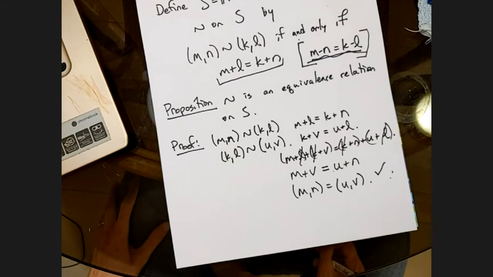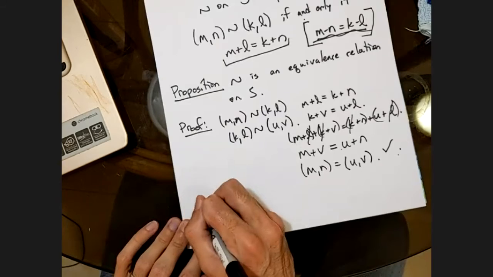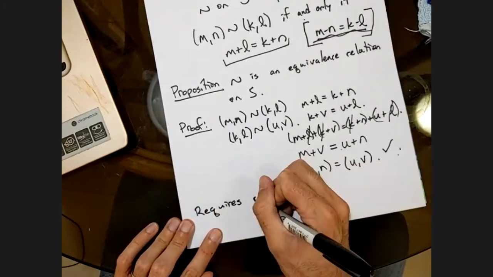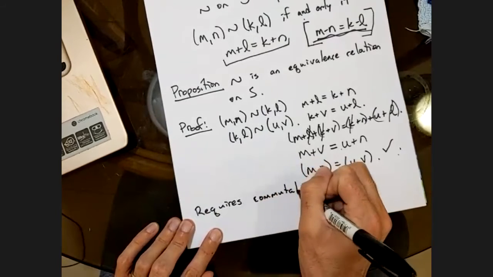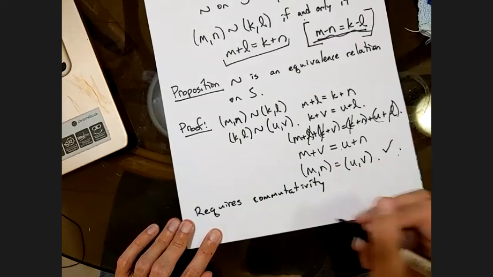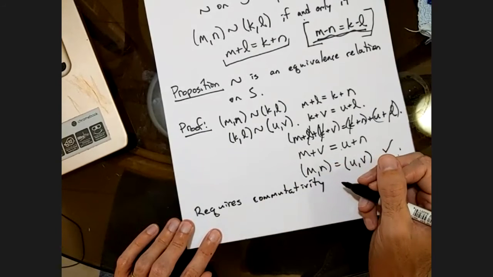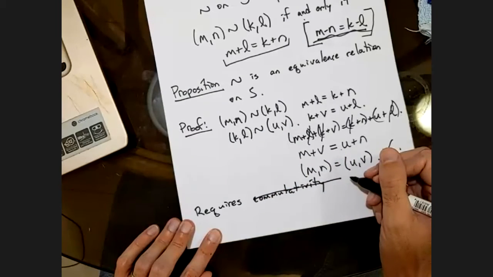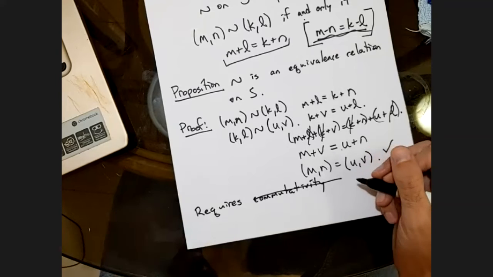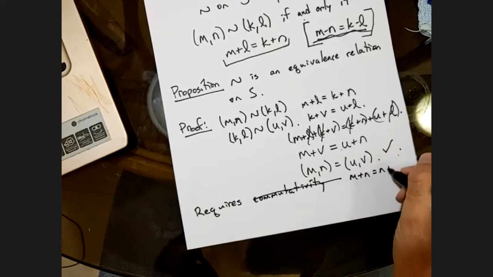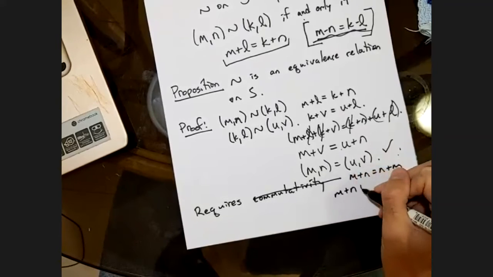So this proof requires commutativity. It requires M plus N equals N plus M. It requires M plus N plus K associativity.